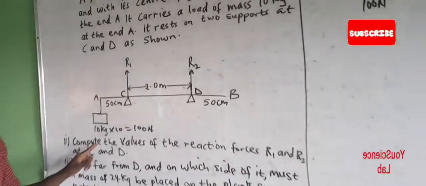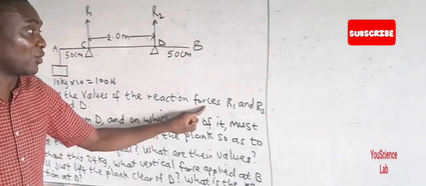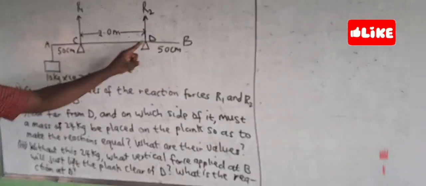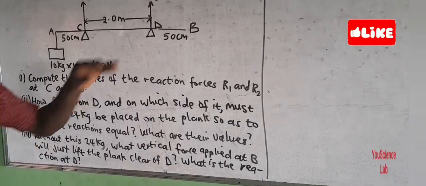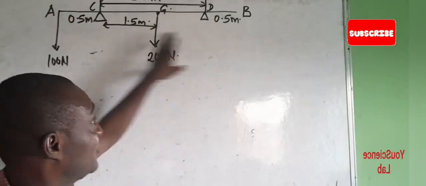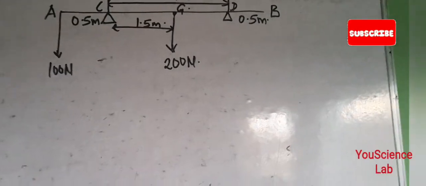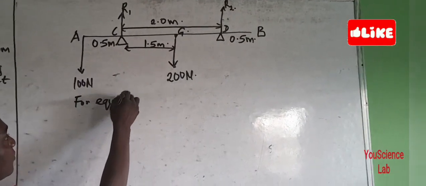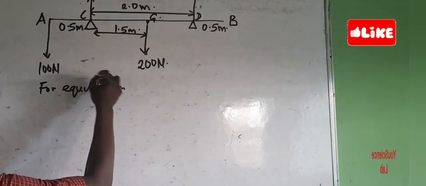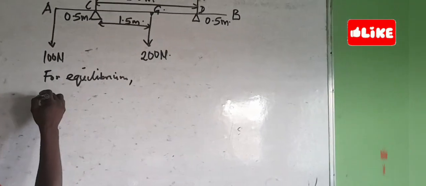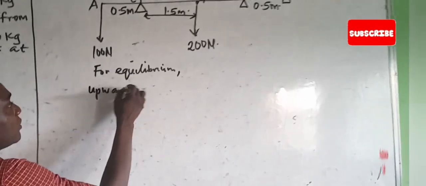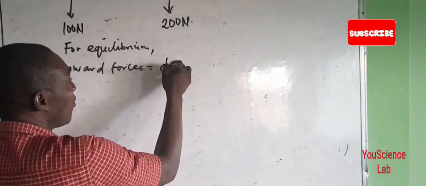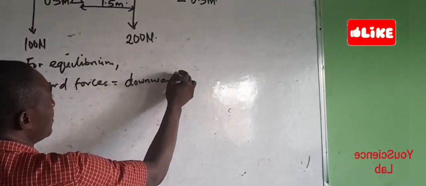Now, they said we should compute the values of the reaction forces R1 and R2 at C and D. So this beam or plank is in equilibrium. Since the plank is in equilibrium, we know that the total upward forces is equal to the total downward forces.